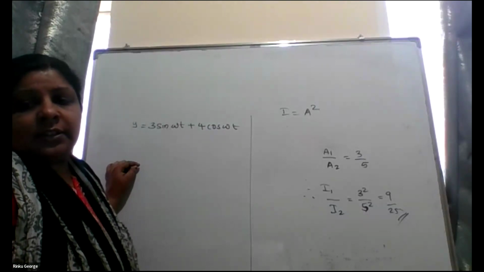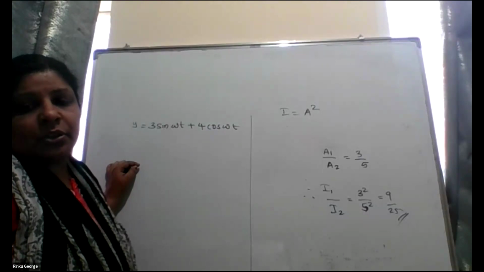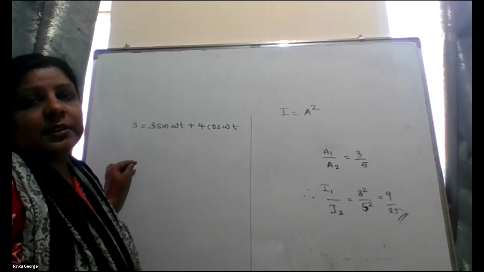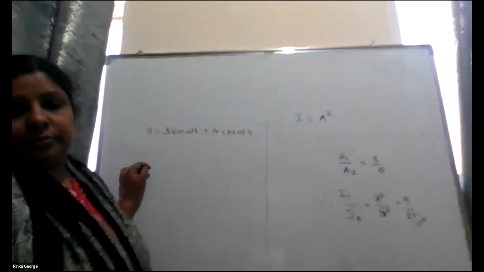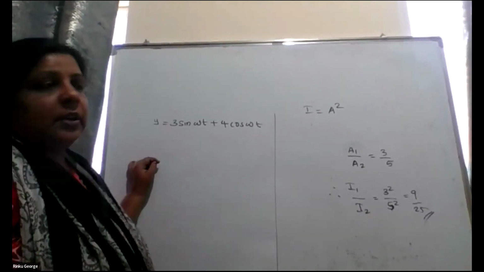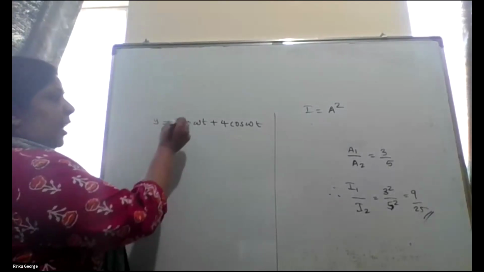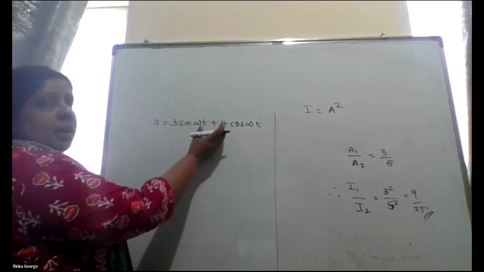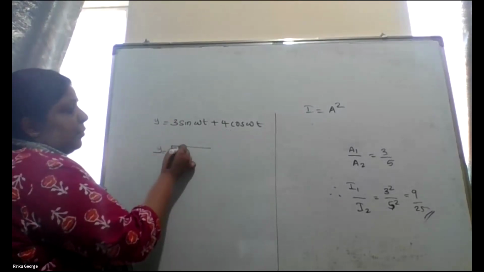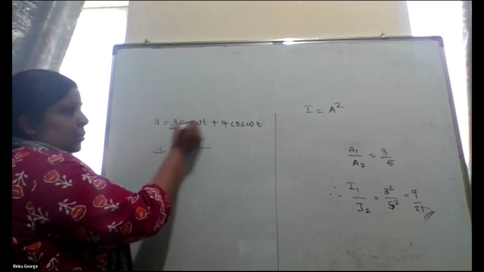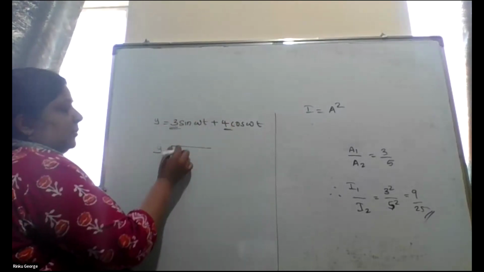Find the resultant amplitude. I'll give you the formula to do it. If you have y1 sine omega t plus y2 cos omega t, the formula will be root of 3 square plus 4 square. That will be the answer.